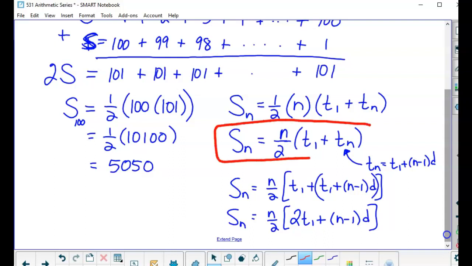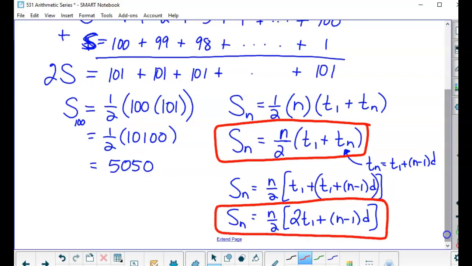So there are two possible versions you can use for the sum of an arithmetic series. And really it just depends on what information you know. No matter what, you have to know how many terms you're adding, n. No matter what, you have to know the first term. Okay? In this one, if you knew the nth term, that would be faster.